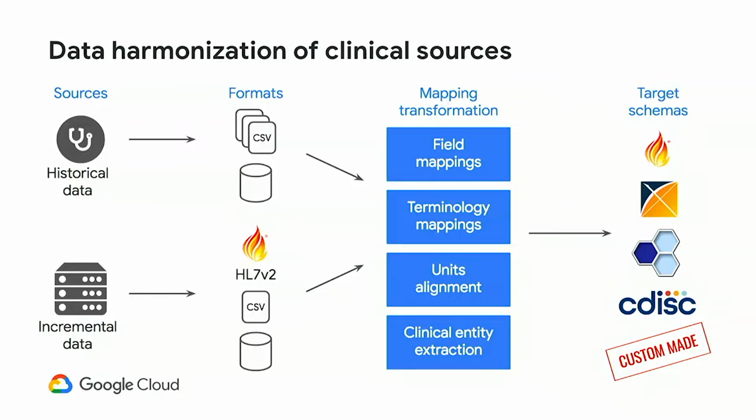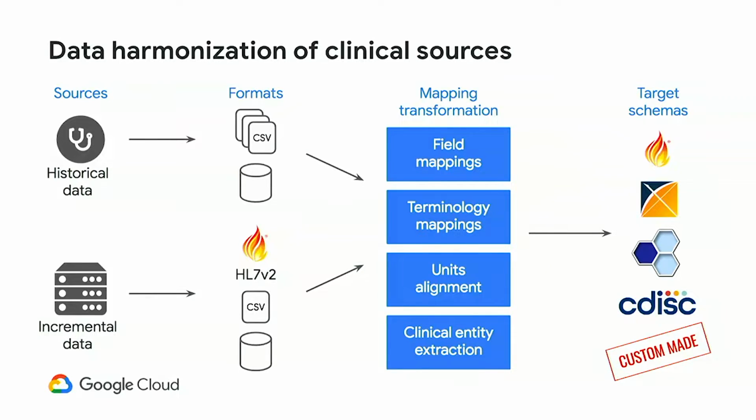And typically for your bulk data, those are in CSV formats, or it's some kind of direct connection through to an external database. But for incremental data, as well as those types of source, it might also be HL7 version 2 messages, or FHIR messages, or other types of streaming data like that.